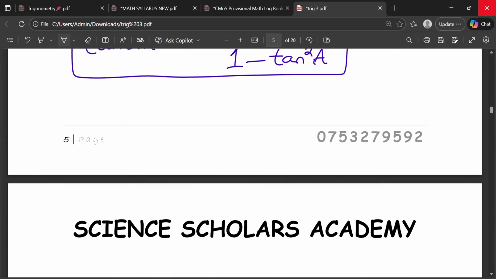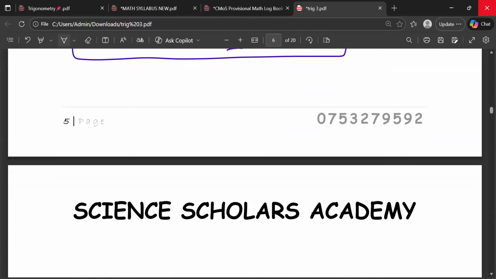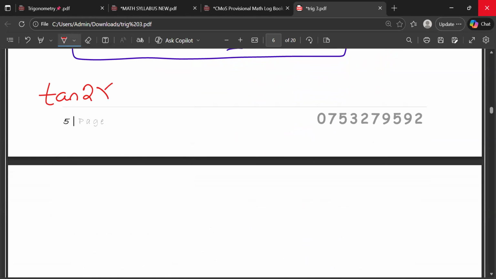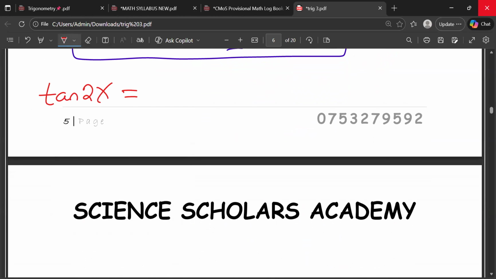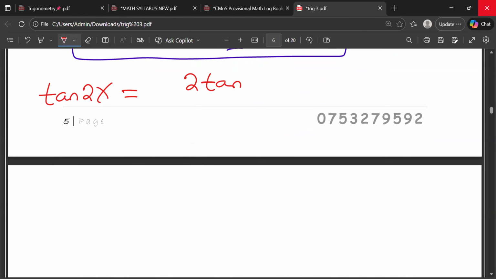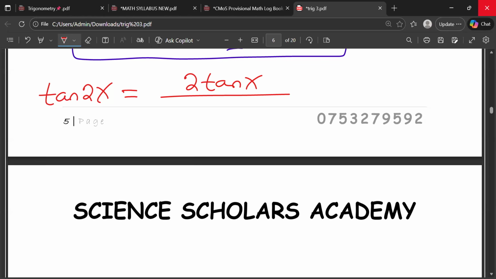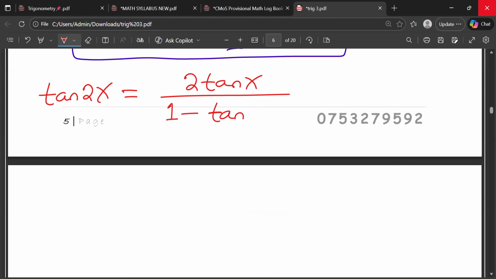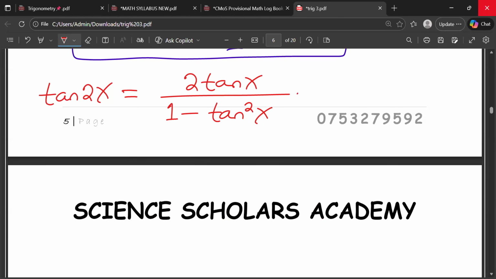So even if they change their words and say tan x, you should still be in position to play on their minds. So when they say tan 2x, it will be tan x and tan x, which will be 2 tan x. And since it is plus, like x plus x, that means down will be minus, so it will be 1 minus. And since we'll have tan x, it becomes tan squared x. You see? That is not hard.